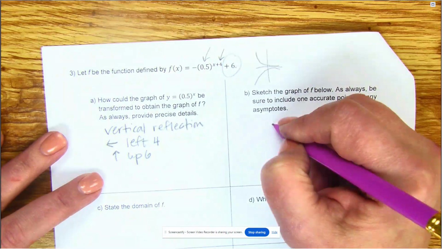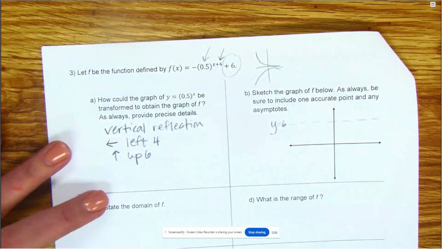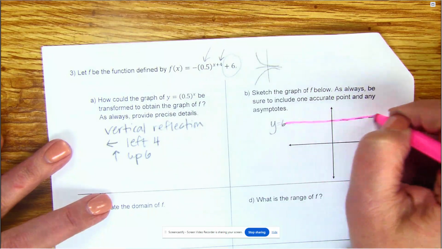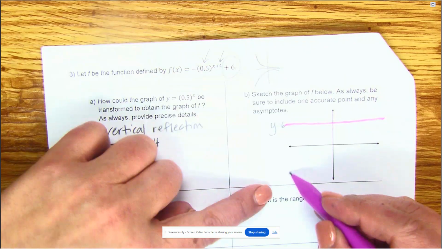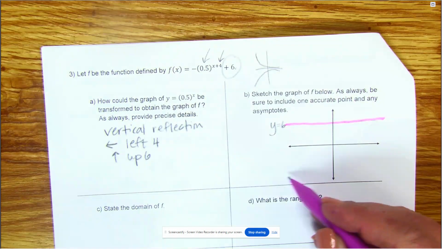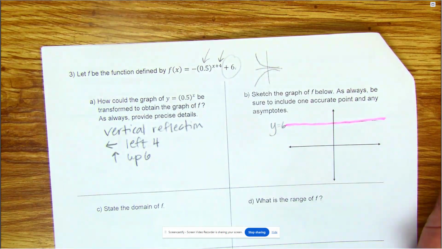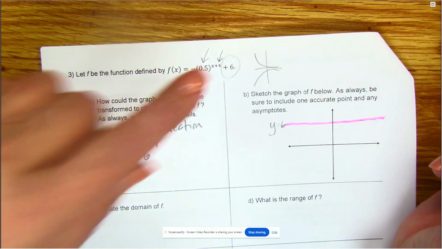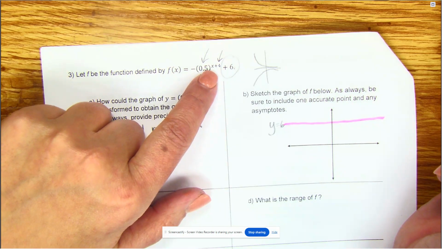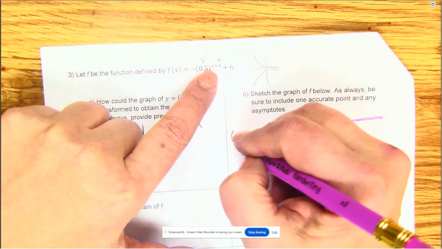You could say y equals 6. And I already brainstormed that it's like this, so it's coming in to that asymptote from underneath. And I like to turn the exponent into a 0. So I'm going to let x be -4.